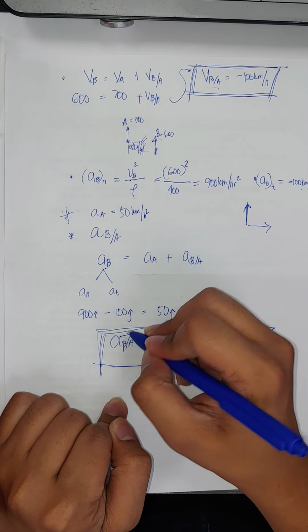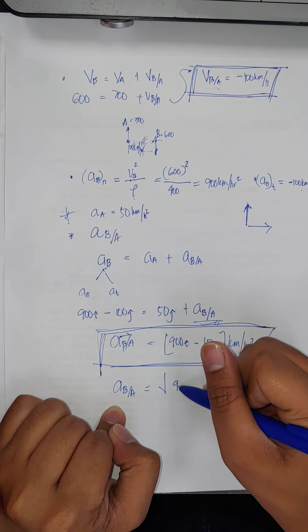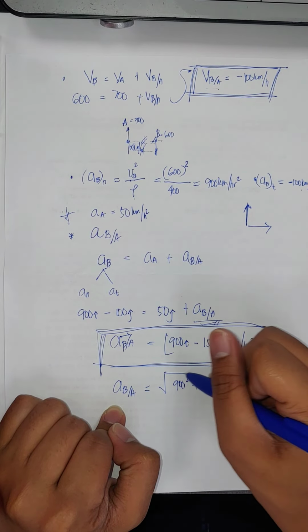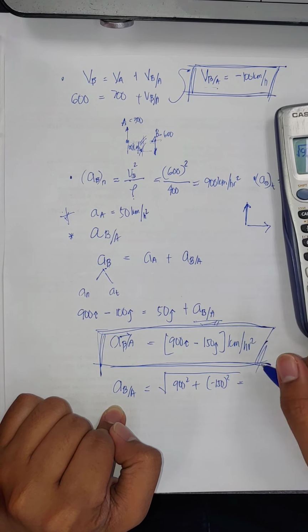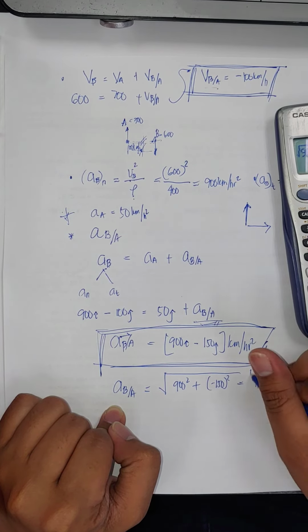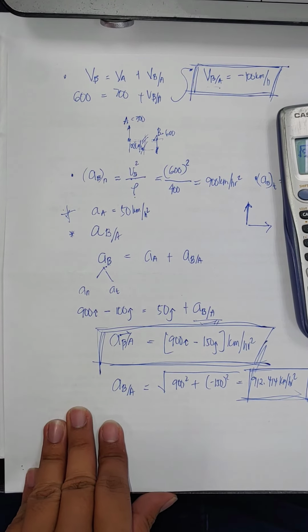If kuha na to ang magnitude, the magnitude is just equal to the square root of 900 squared plus negative 150 squared. So yung acceleration, magnitude is equal to pila be up. It's equal to 912.414 kilometers per hour squared. This is the magnitude of the acceleration.